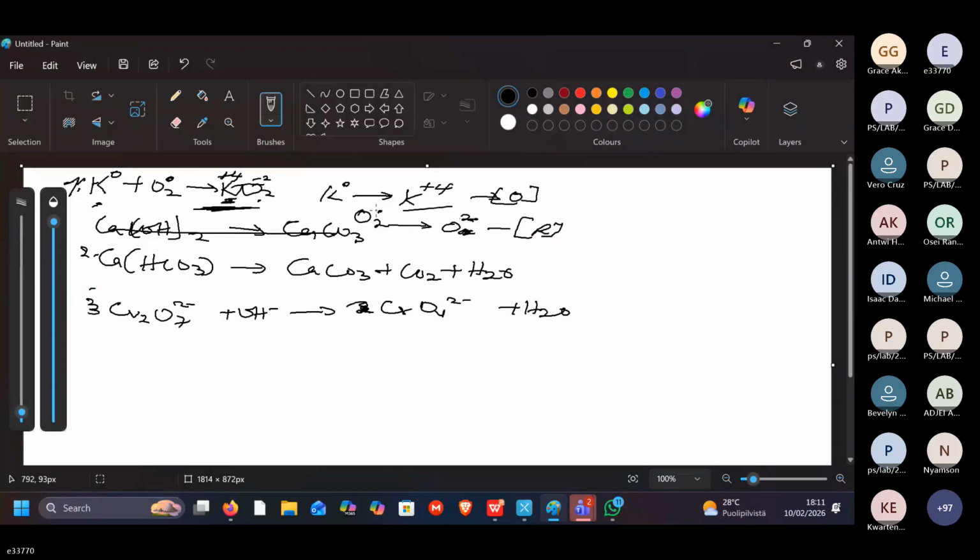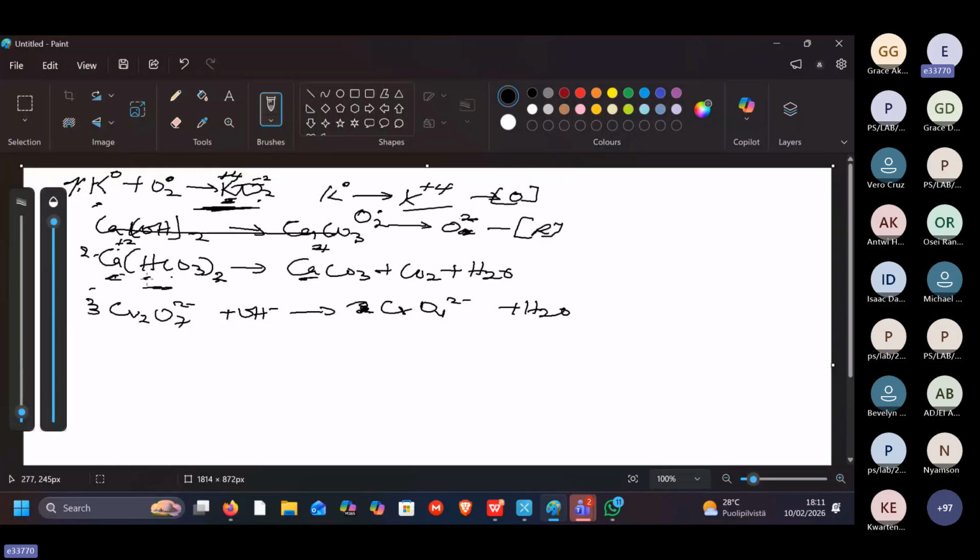Okay. Now let's look at the other equation. When I take calcium, and then the bicarbonate, calcium here will be +2. And here calcium is still +2. So nothing is happening. It's not undergoing oxidation. It's not undergoing reduction.